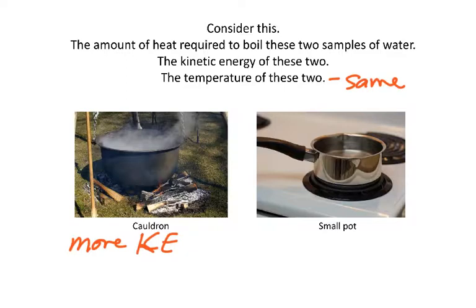In this case, from the wood or from the burner up into the cooler water, so from the hot to cold. And so the amount of heat required to boil these two samples, the cauldron would require more heat because the total kinetic energy is higher, even though the average kinetic energy is the same.